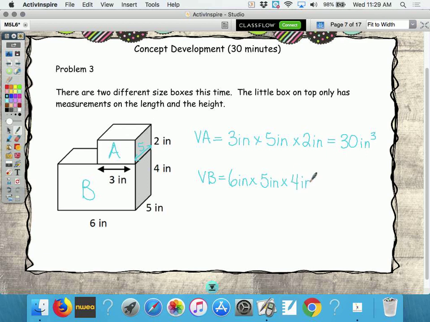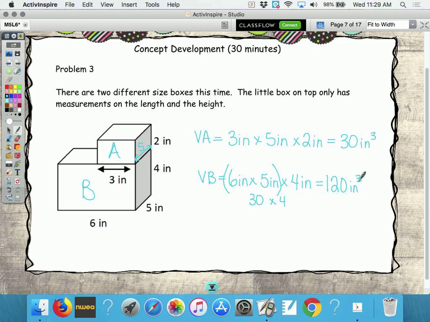Good. Equals. This is 30, right? 30 times 4 for me. 120. Good, 120 cubic inches.